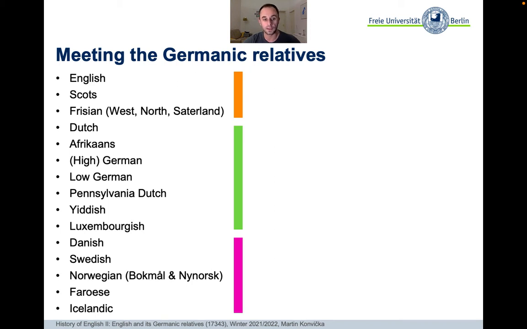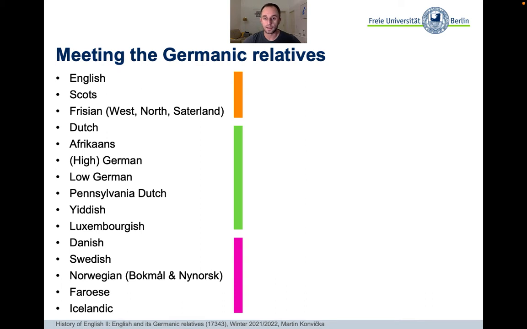And then we have two insular North Germanic languages, Faroese, spoken on the Faroese Islands, part of the Kingdom of Denmark, and Icelandic, the official language of Iceland.